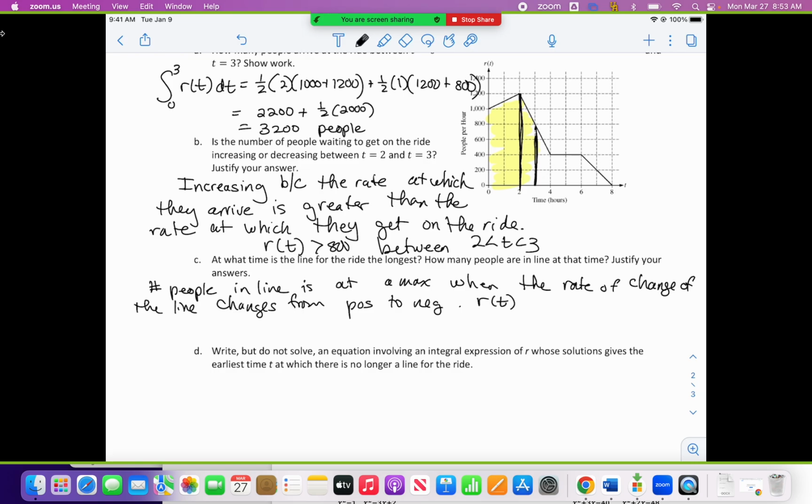So that's R of t minus 800 equals 0. Or you could determine when R of t equals 800. And we can tell from the graph that's t equals 3.